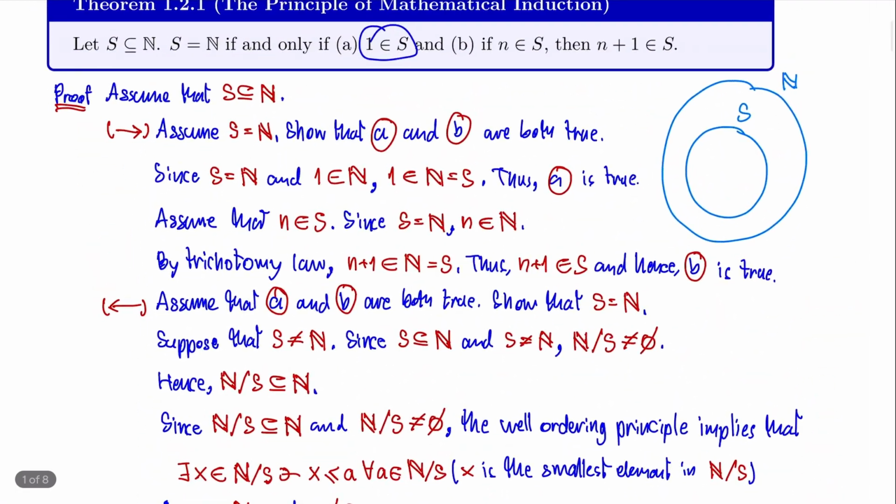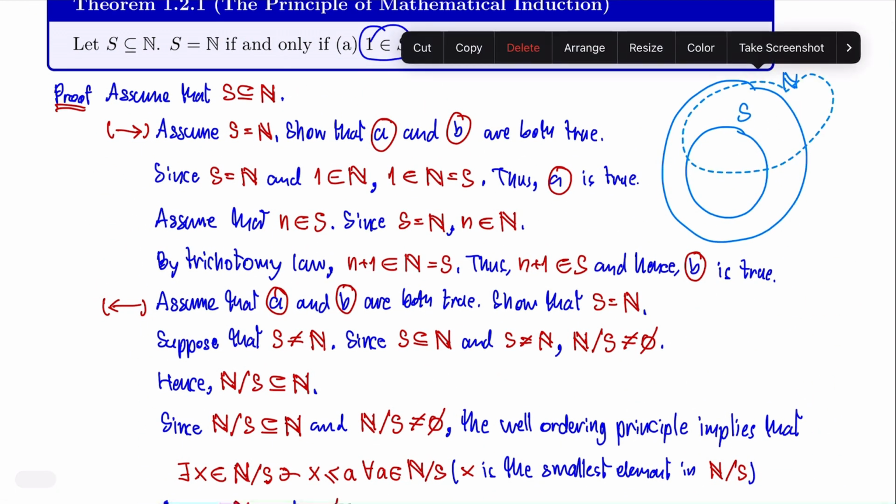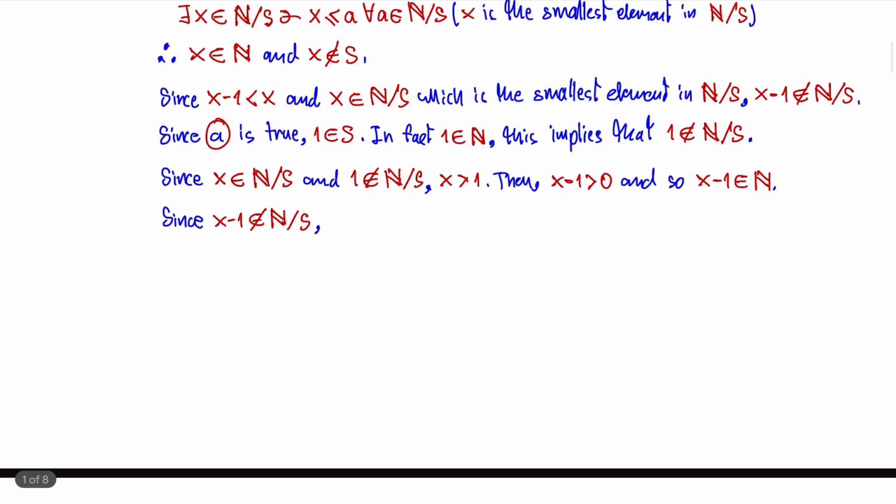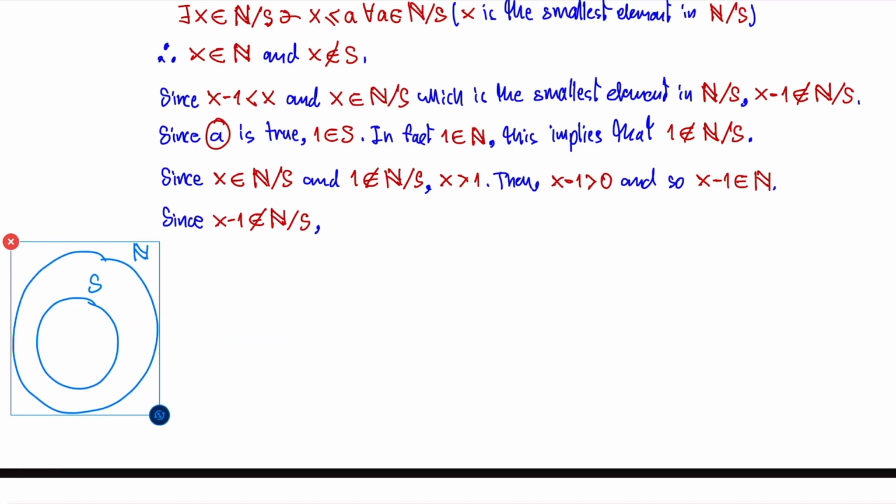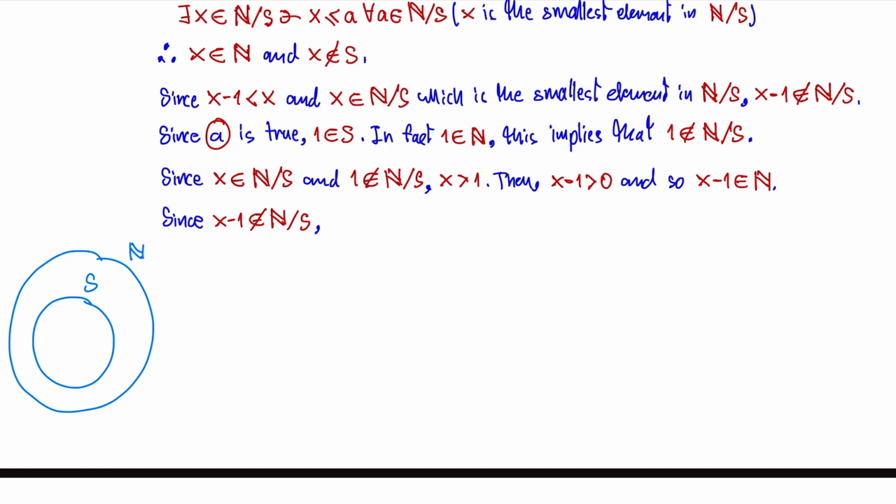So let me copy this figure here and write it down. So X minus 1 is in this set, right? But X minus 1 is in the set of natural numbers excluding S. I think it's going to imply that X minus 1 is a common element of S and the set of natural numbers. So let's take a look.